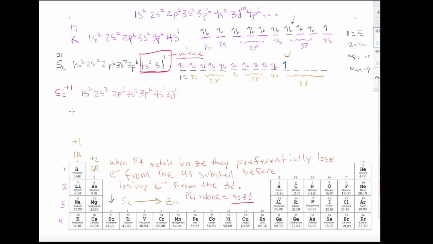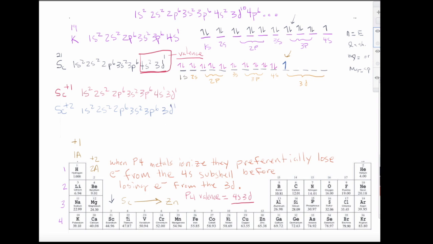If we were to look at the electron configuration for Sc+2, it's going to be 1s2, 2s2, 2p6, 3s2, 3p6, and then it will be 3d1. Because period 4 elements, the metals, preferentially lose electrons from the 4s shell before the 3d.